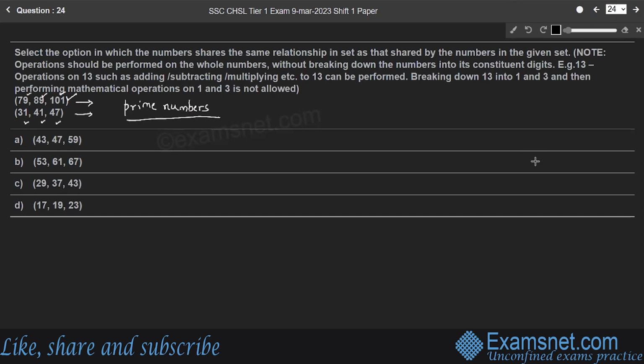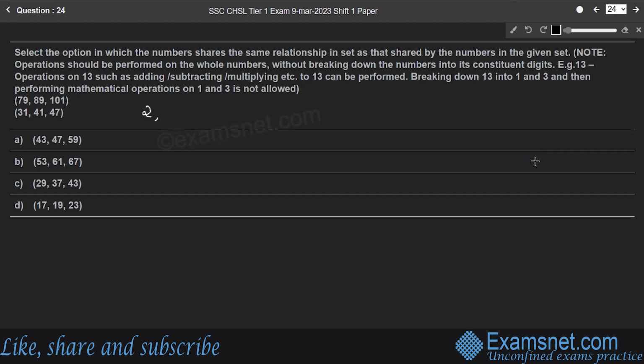So 1 is not a prime number because 1 is divisible by only 1. Prime numbers are nothing but the numbers which are divisible by 1 and the number itself. Therefore, 1 cannot be considered a prime number. So prime numbers always start from 2. 2 is a prime number.